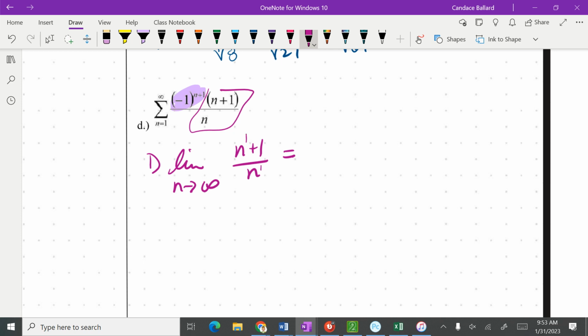Aren't the exponents the same? Yes. So what can I look at? The coefficient. What do we get? 1. Ooh, did we get what we wanted? It's got to be equal to 0 for alternating to work. Okay. So alternating does not work on that one, does it?